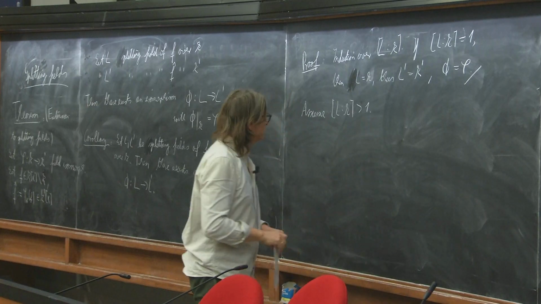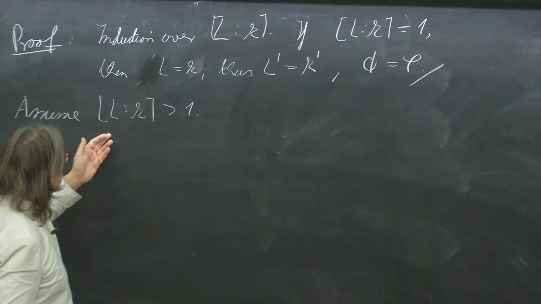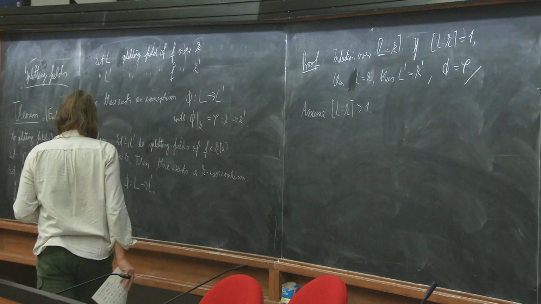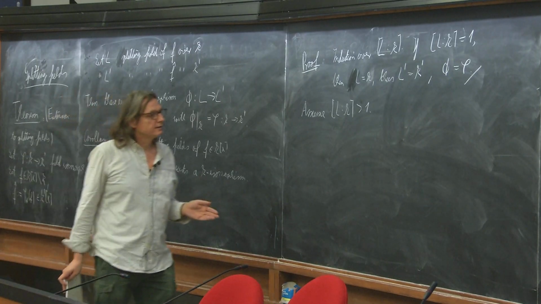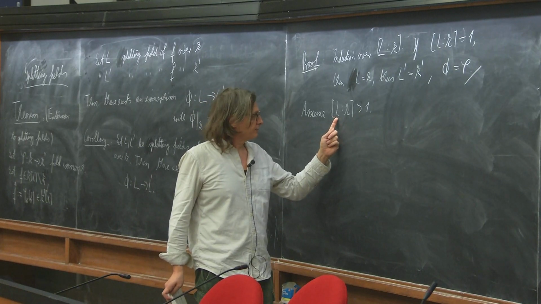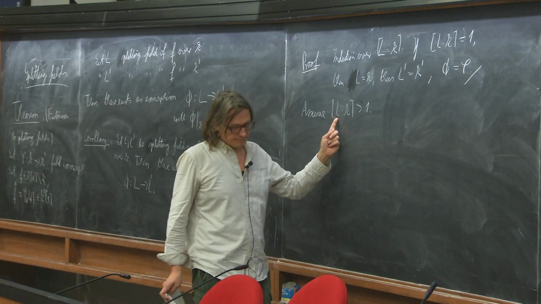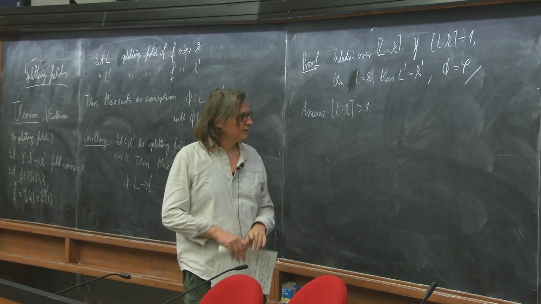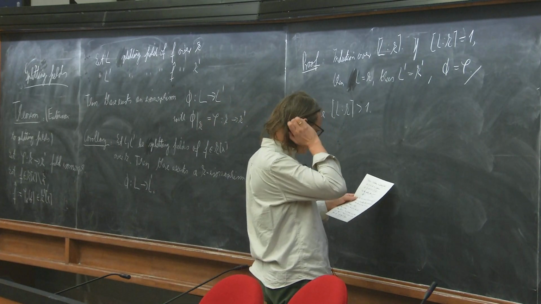So if the degree is positive, and L is after all the splitting field of f, it must be that f contains a factor which is irreducible and of degree bigger than 1.